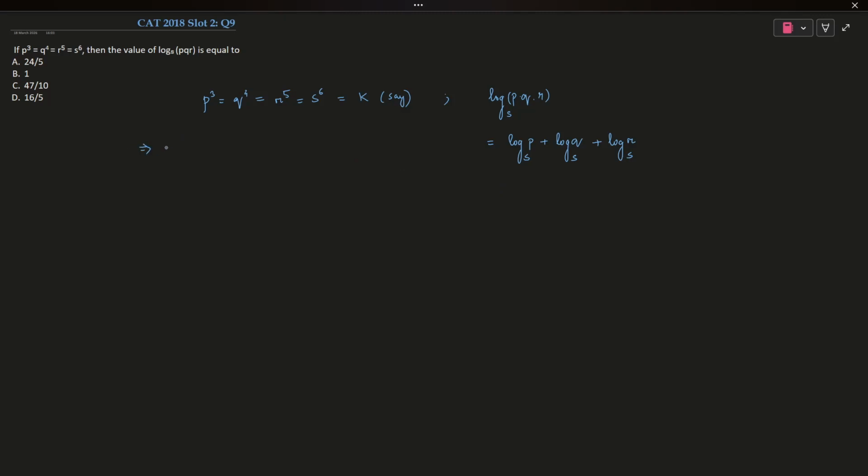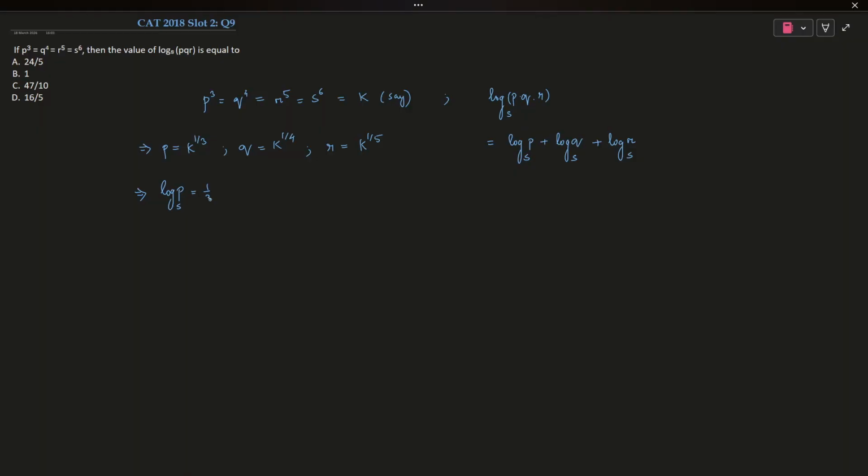From here, what is p, guys? p can be written as k to the power of 1 by 3. q can be written as k to the power of 1 by 4, and r can be written as k to the power of 1 by 5. Why am I expressing pqr? Because I need log p to the base s. So I will take log on both sides, base s.